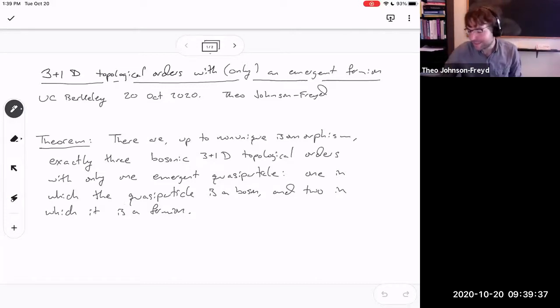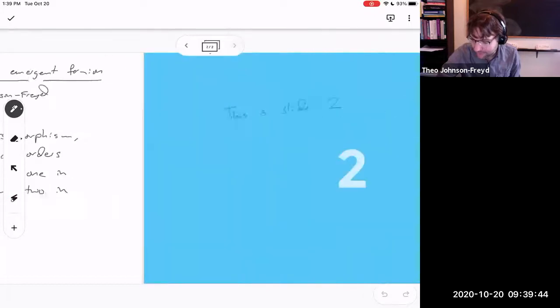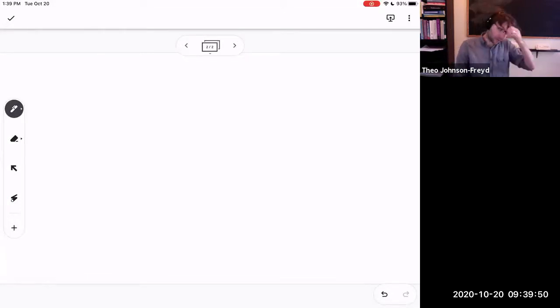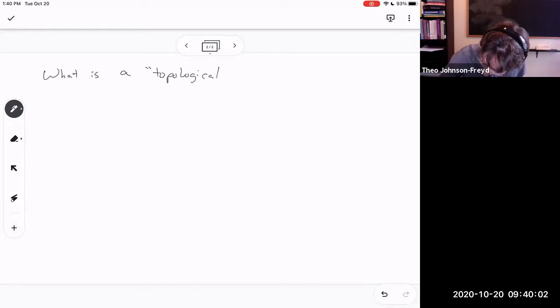Okay, so as I said, at least the beginning, I want to just tell you what a topological order is. So the idea is the following.